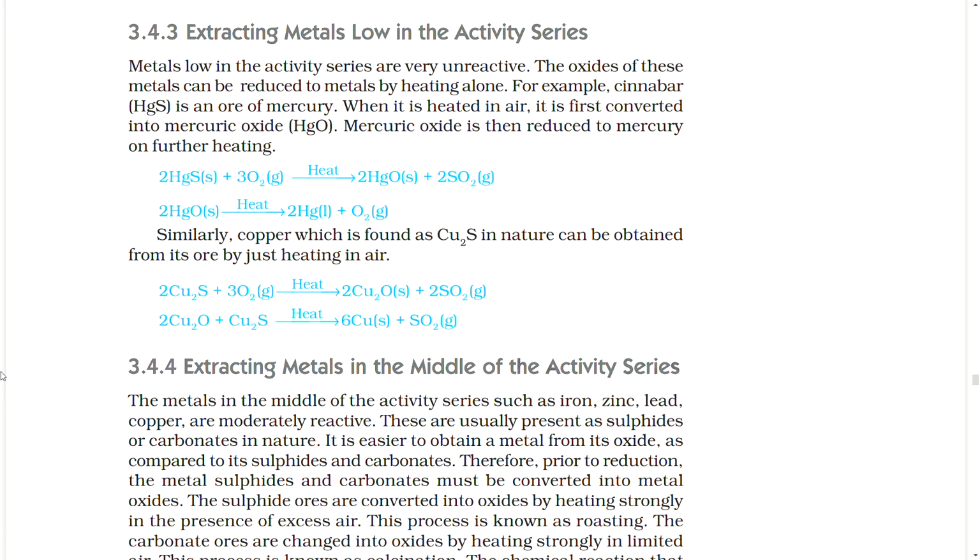Similarly, copper, which is found as Cu2S in nature, can be obtained from its ore by just heating in air. 2Cu2S + 3O2(g) → (heat) 2Cu2O(s) + 2SO2(g). 2Cu2O + Cu2S → (heat) 6Cu(s) + SO2(g).